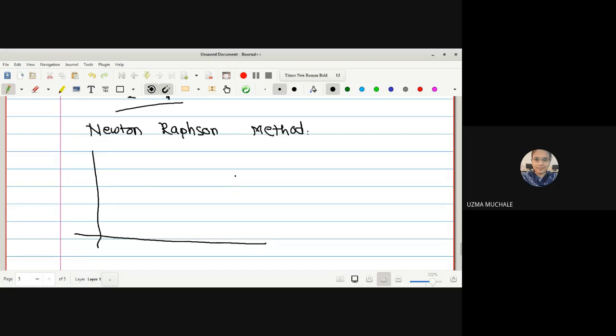Suppose that this is your function y equals f of x. Then we choose the first approximation x naught by assuming this one. Draw a line perpendicular here, so we get our first approximation x naught.